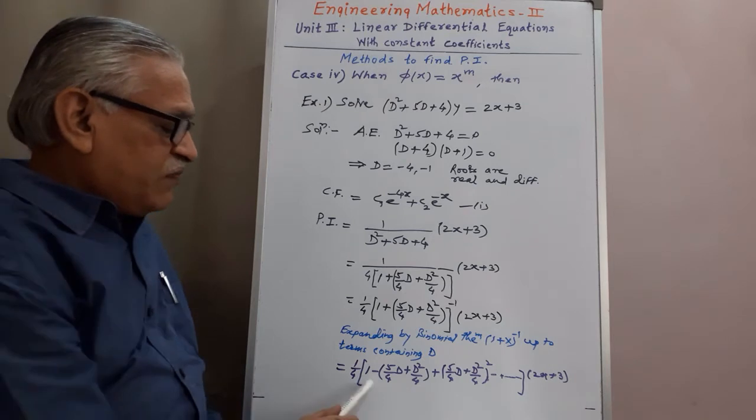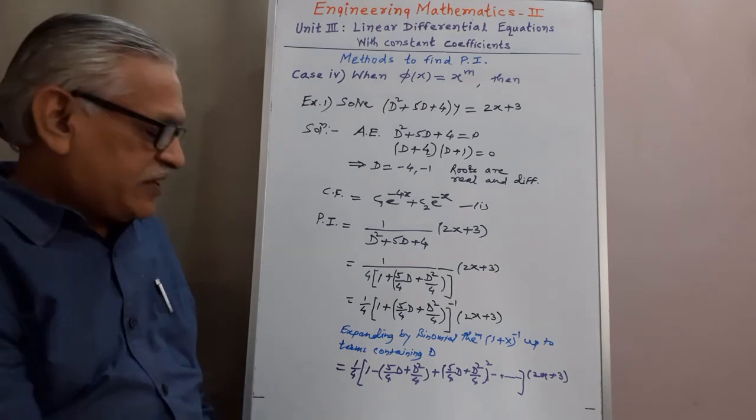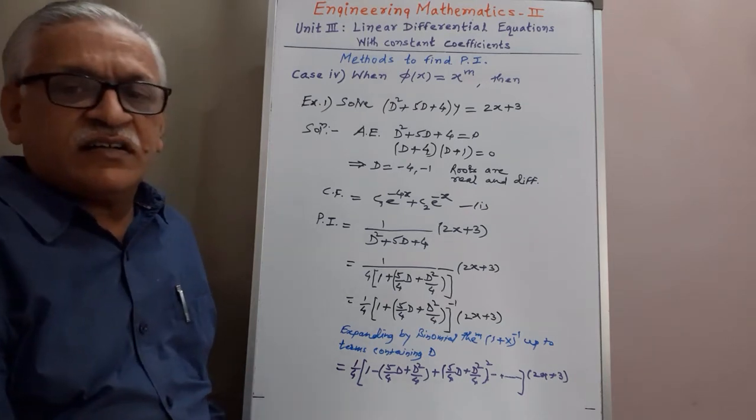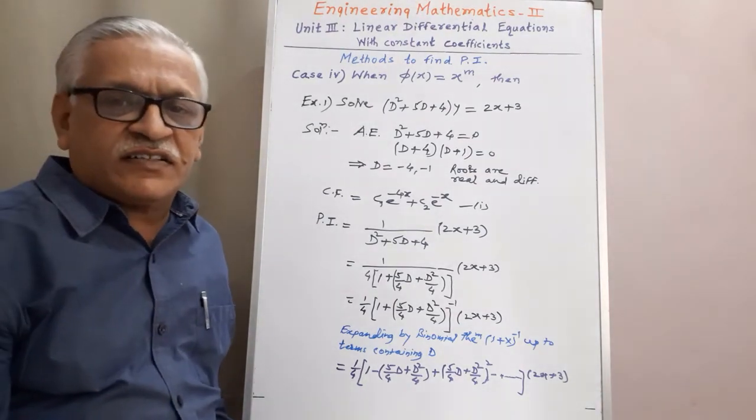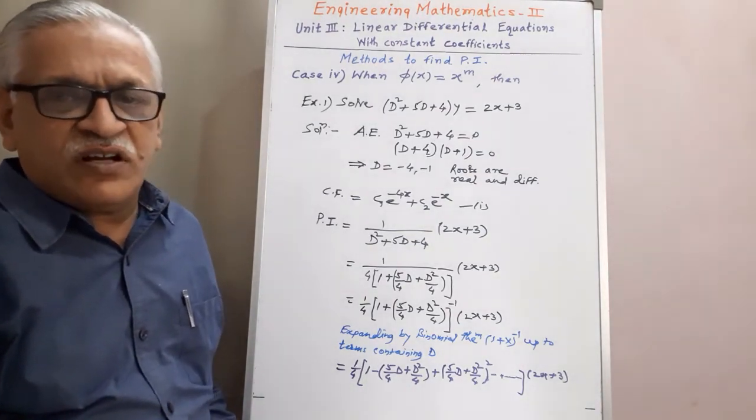Simplifying it means expanding each bracket, and we consider the terms up to D only, neglecting the terms of D square and higher.